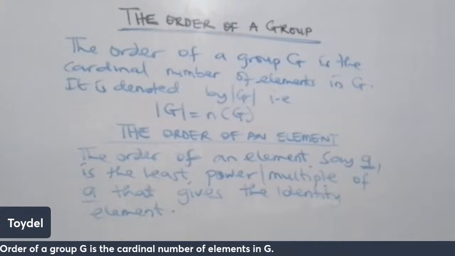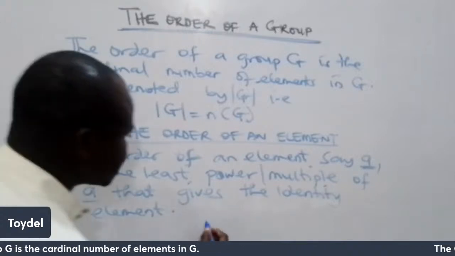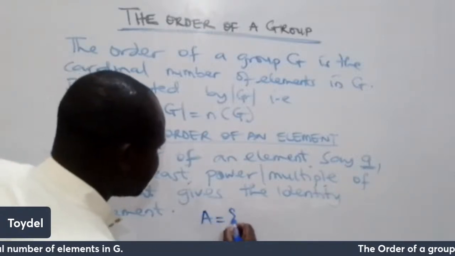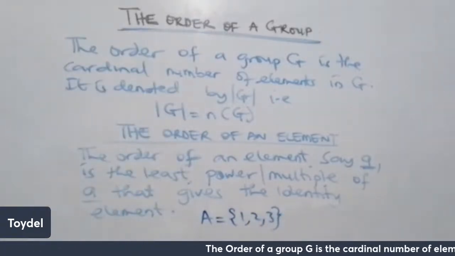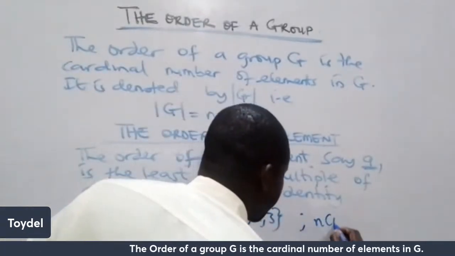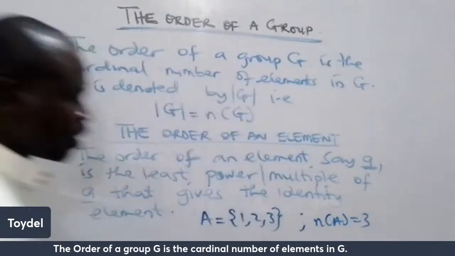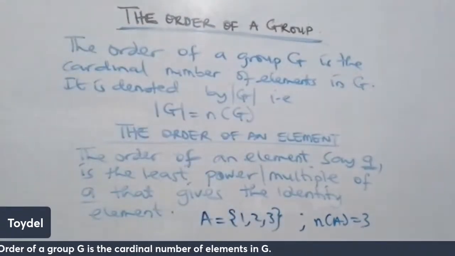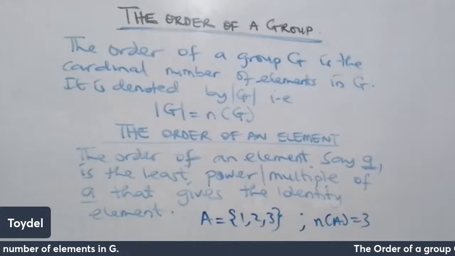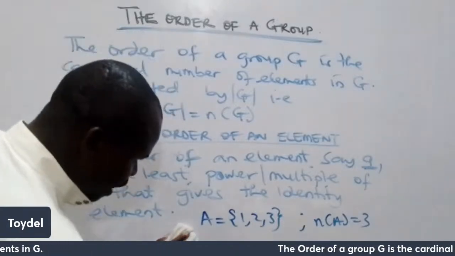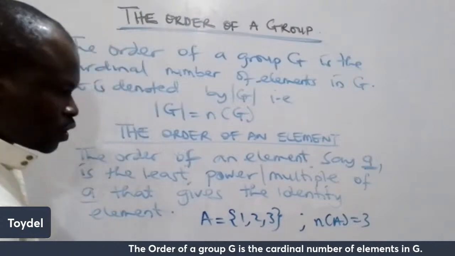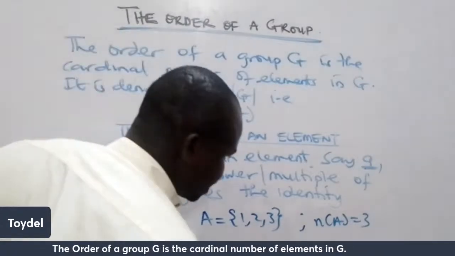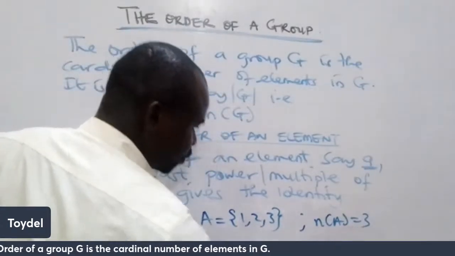For instance, if you have a set A that has elements 1, 2, 3 at the elementary stage, then n of A will be 3. So the cardinality of a set is the number of elements in the set, represented by n of A is equal to 3.